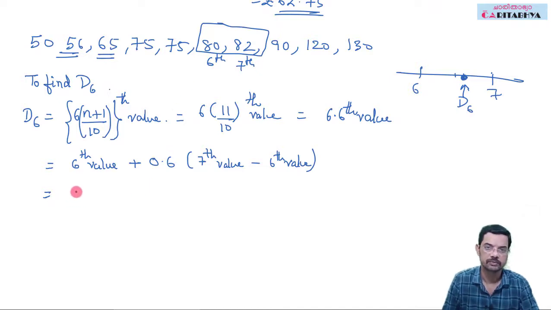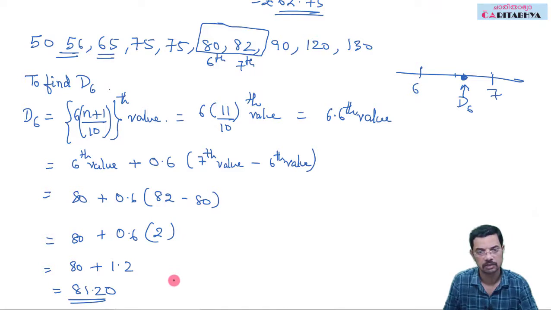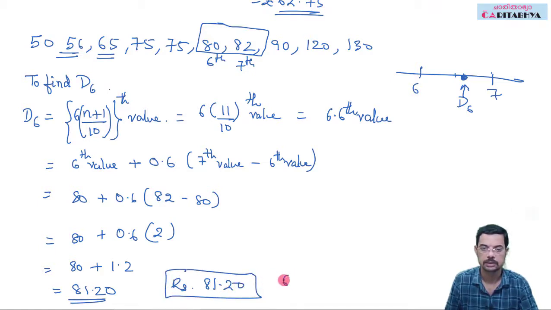So the 6th value is 80 plus 0.6 into the 7th value, 82, minus the 6th value, 80. 82 minus 80 is 2, and 0.6 into 2 is 1.2. So this is 80 plus 1.2, which equals 81.20. That is the 6th decile, rupees 81.20.